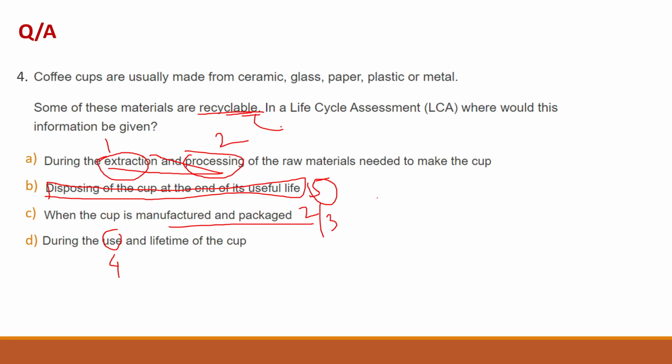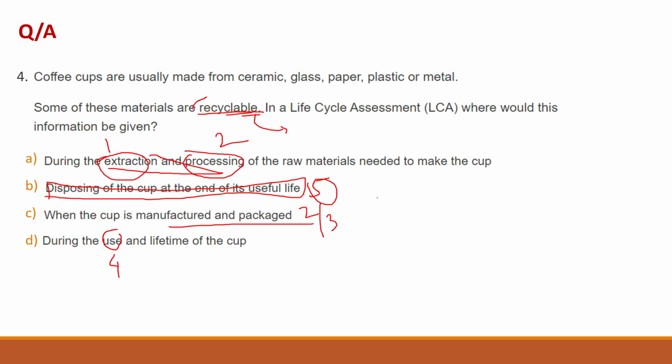You will talk about it when its life is over. Then only you can recycle it, right? You will not recycle it in the beginning. In the beginning, you have the raw material. You will recycle it after it has been used. When do you recycle empty glass bottles or jam bottles? You recycle them when they have been used.